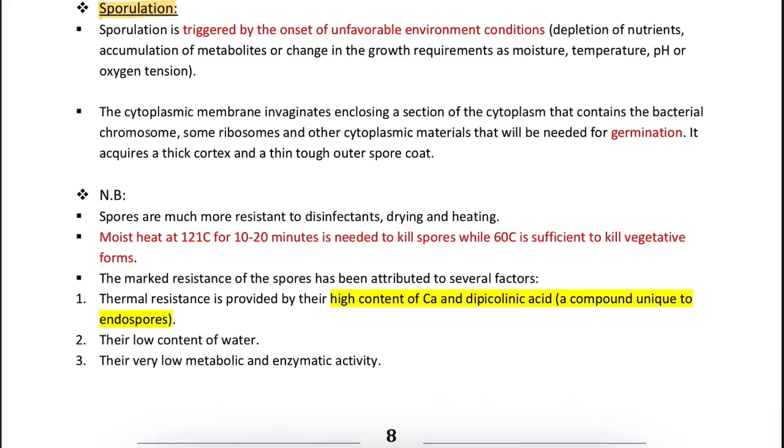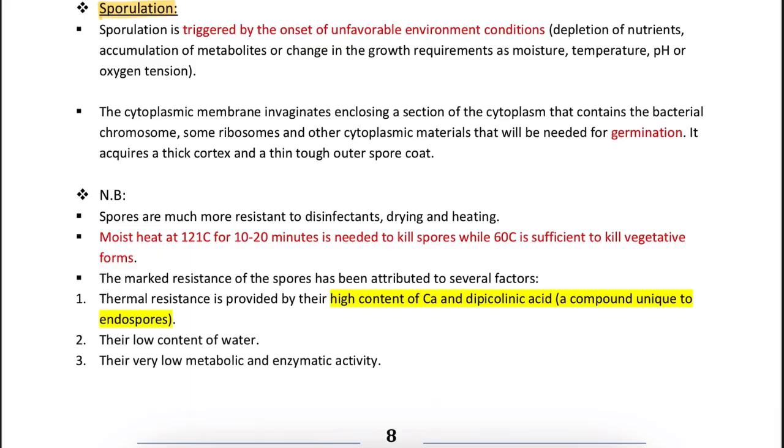In germination, the spore returns to life when conditions improve: the spore absorbs water, the spore coat breaks down, and a new vegetative cell emerges within 15 minutes. Disinfection tips: spores are heat resistant, so 60 degrees Celsius kills vegetative cells, but 121 degrees Celsius moist heat for 15 to 20 minutes in an autoclave is required to kill spores.